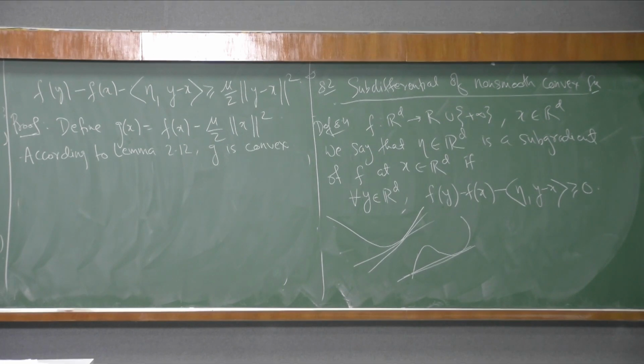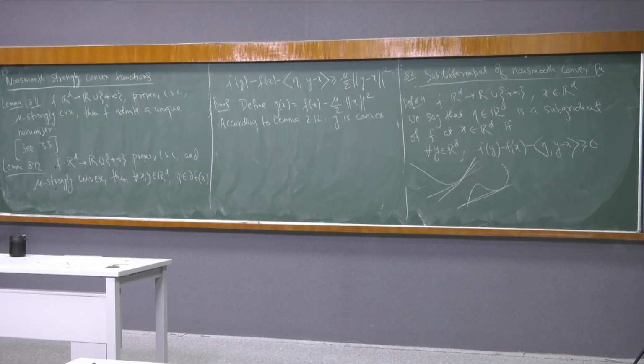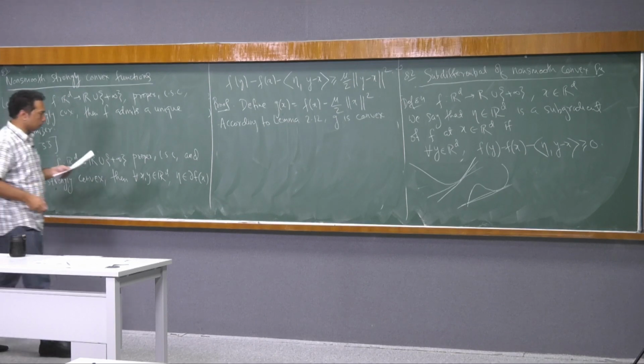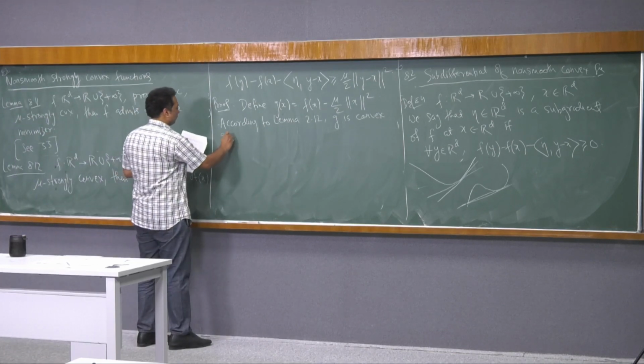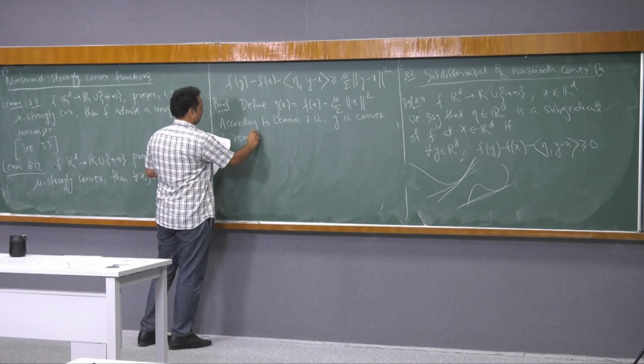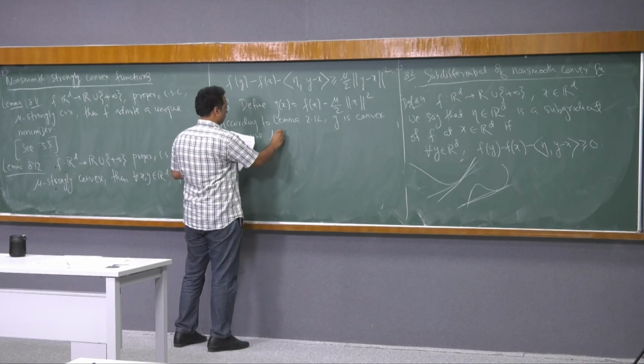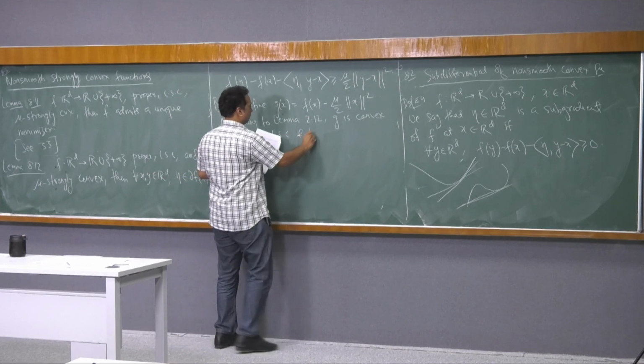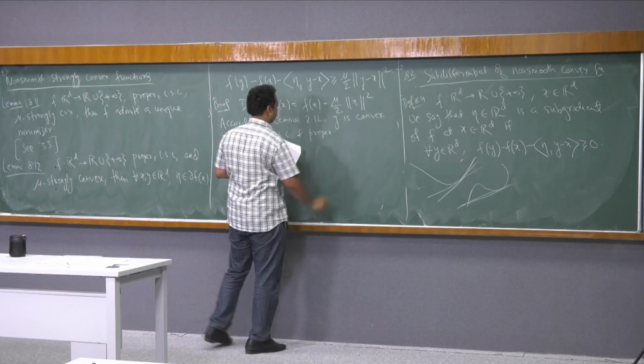Lower semi-continuity won't get disturbed, because the original function f is lower semi-continuous, and subtracting mu by 2 norm x squared doesn't change that. So g remains LSC and proper.